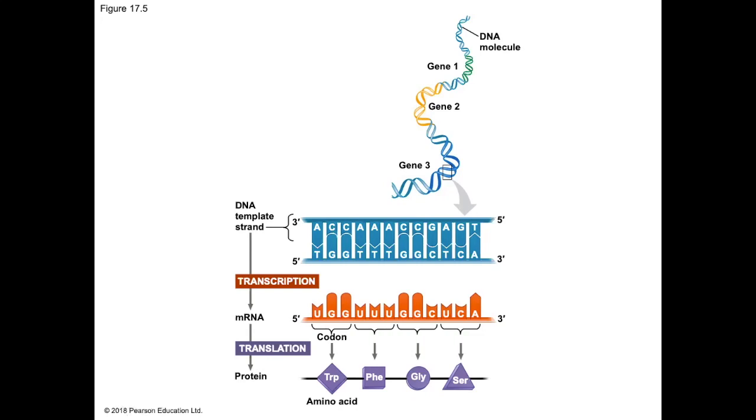And these codons contain three nucleotide words. They are called codons, and each codon will specify an amino acid. So you have here three nucleotide words, which we call codons, and these specify an amino acid through the process of translation.